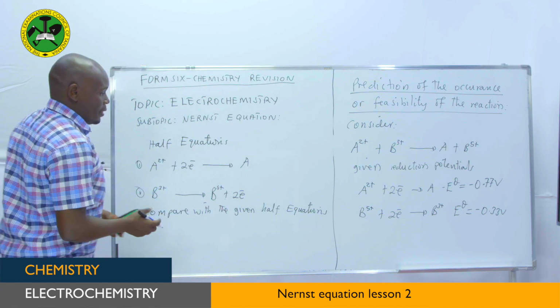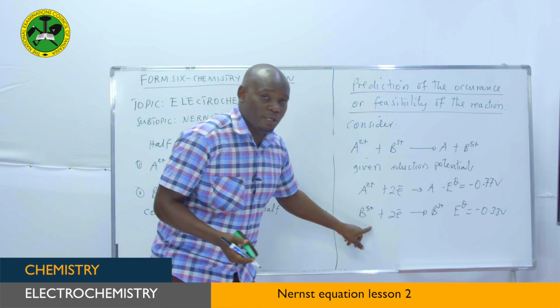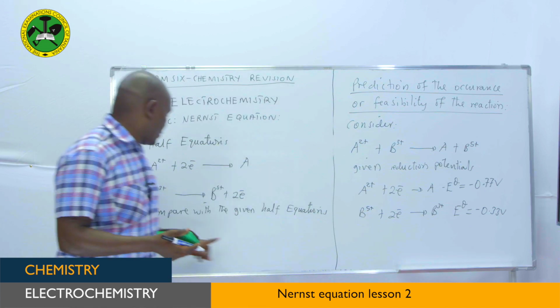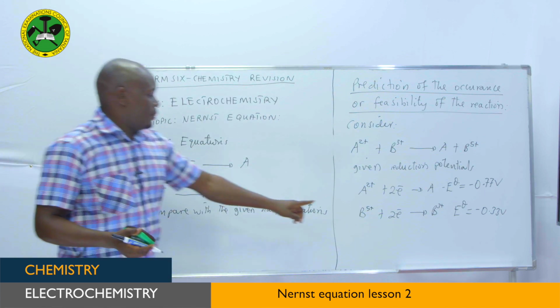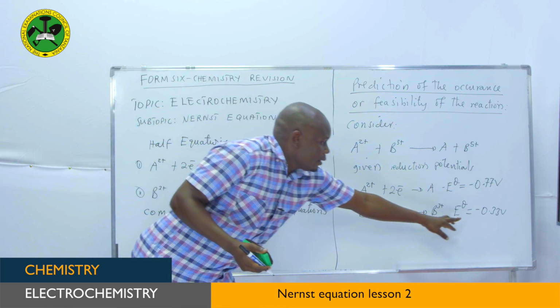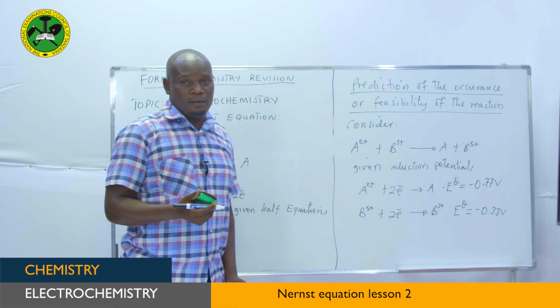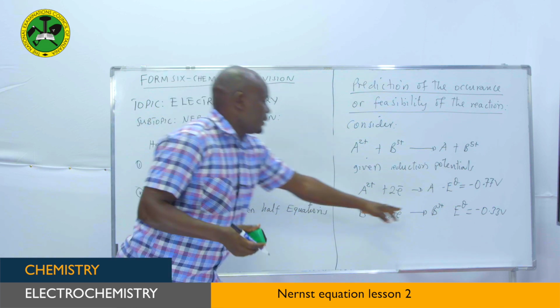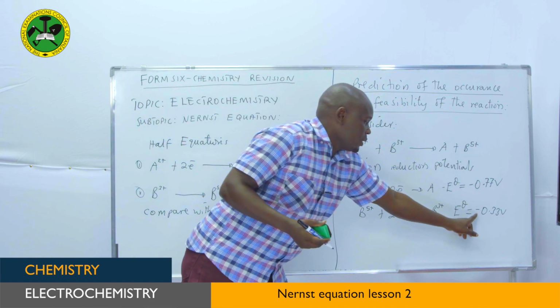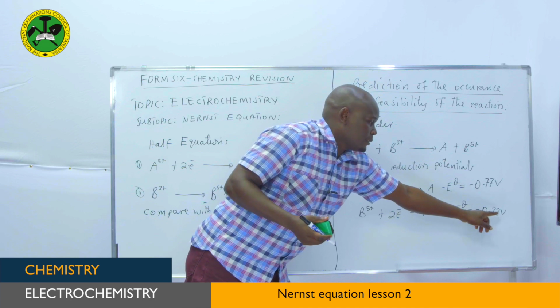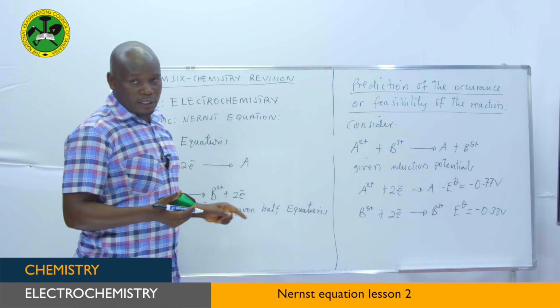Here B appears in opposite to this one, so the sign of its given standard electrode potential will be changed. So the standard electrode potential here will be positive 0.33 volts.